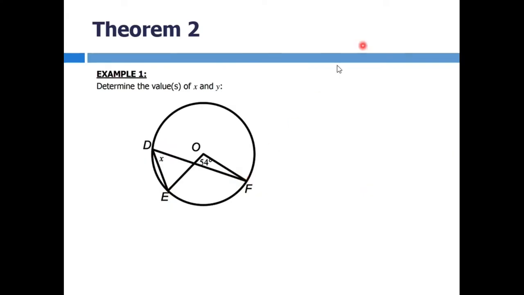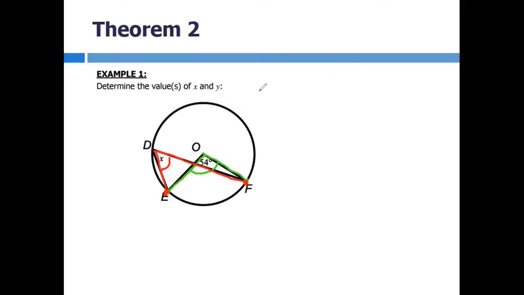So the first time you put your fingers on E and F. So that's where your fingers are. And you follow your fingers to the center. And that gives me my angle at the center. Then you go back to E and F. And you follow lines to get to the circumference, and that gives you the angle at the circumference.